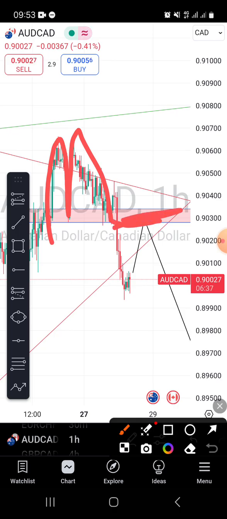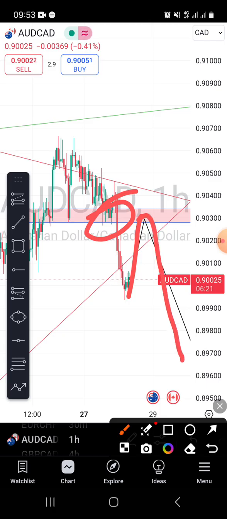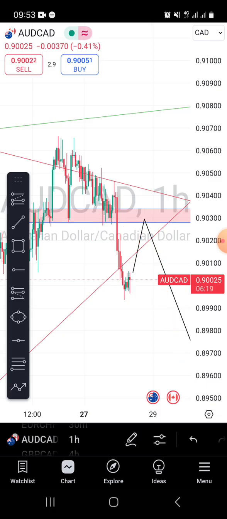So this is our neckline, and price has already broken that neckline. I believe I'm clear. Hoping we see a retest into that neckline where I can take my sell.